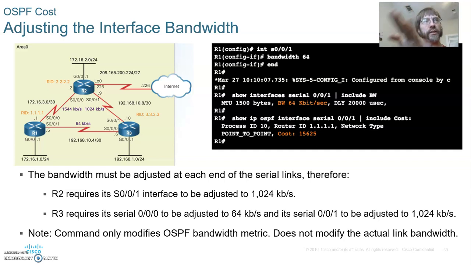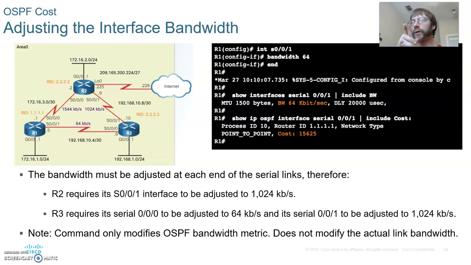If you want to make sure that this route is used last, you might tune it down lower than its actual bandwidth in practice. But really and truly, there should be a meaningful relationship between the bandwidth on this link and the cost that OSPF is assigning to it, because you don't want to discombobulate OSPF that much. You want OSPF to be using your network the way the rest of your network is behaving.